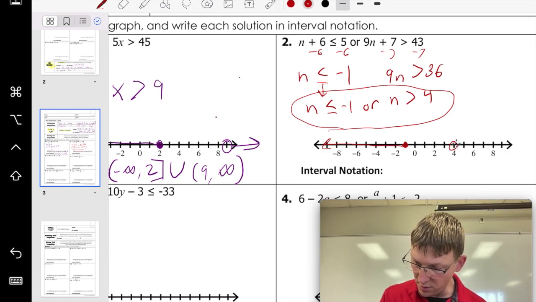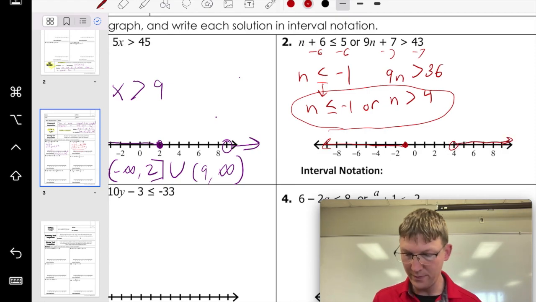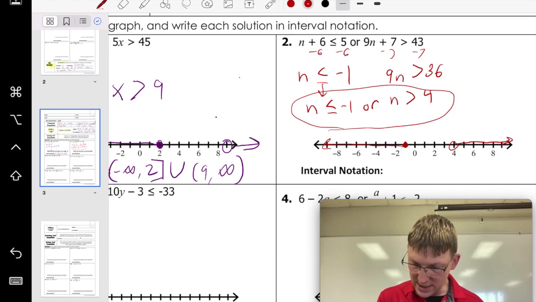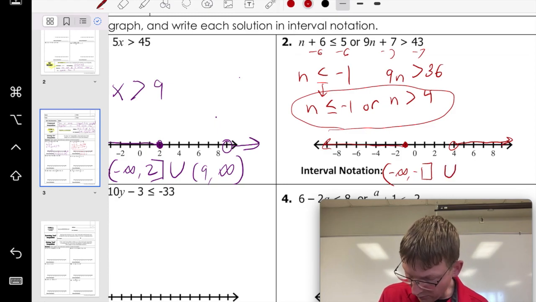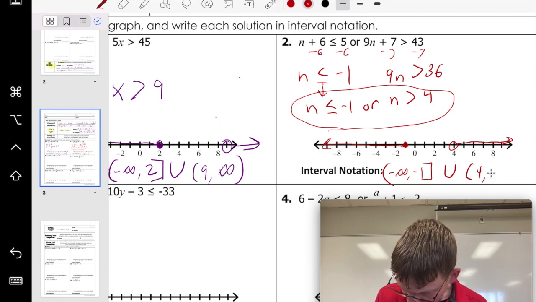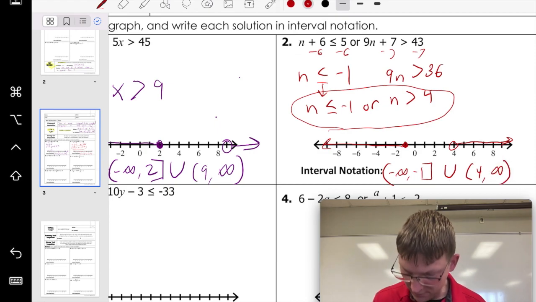Doesn't include 4. And then interval notation, negative infinity to -1. We include -1. We do not include infinity. Or, fancy symbol for or, 4 to infinity and beyond.